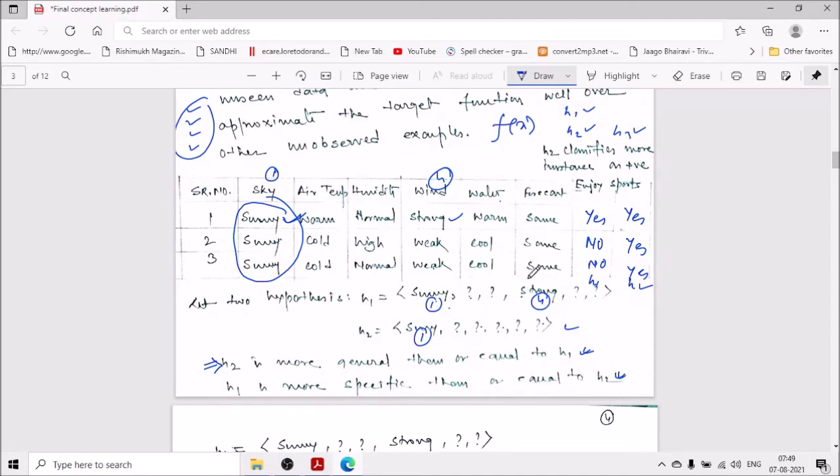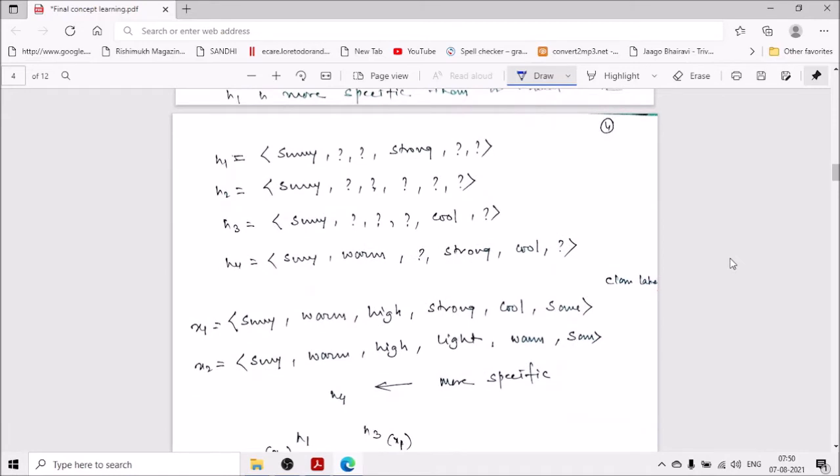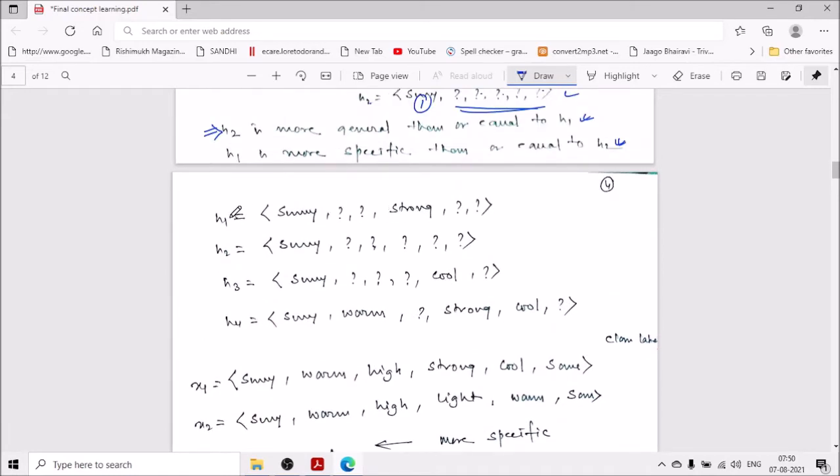So crudely we can say, in any hypothesis, if more question marks are there, that hypothesis is more general. If fewer question marks are there, the hypothesis is more specific. So we can see here H1, H2, H3, H4, four hypotheses are there.